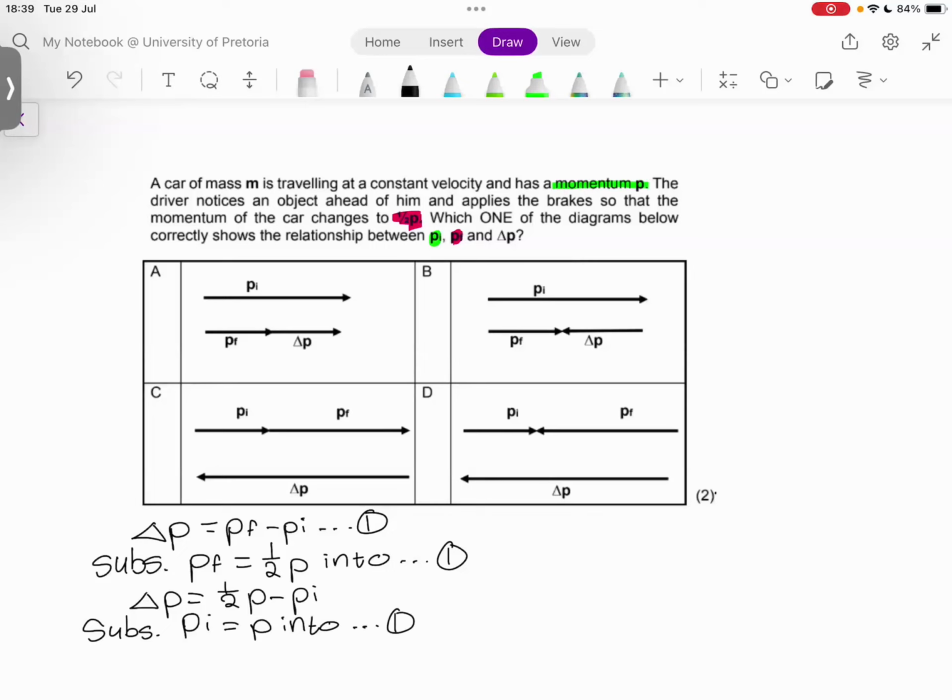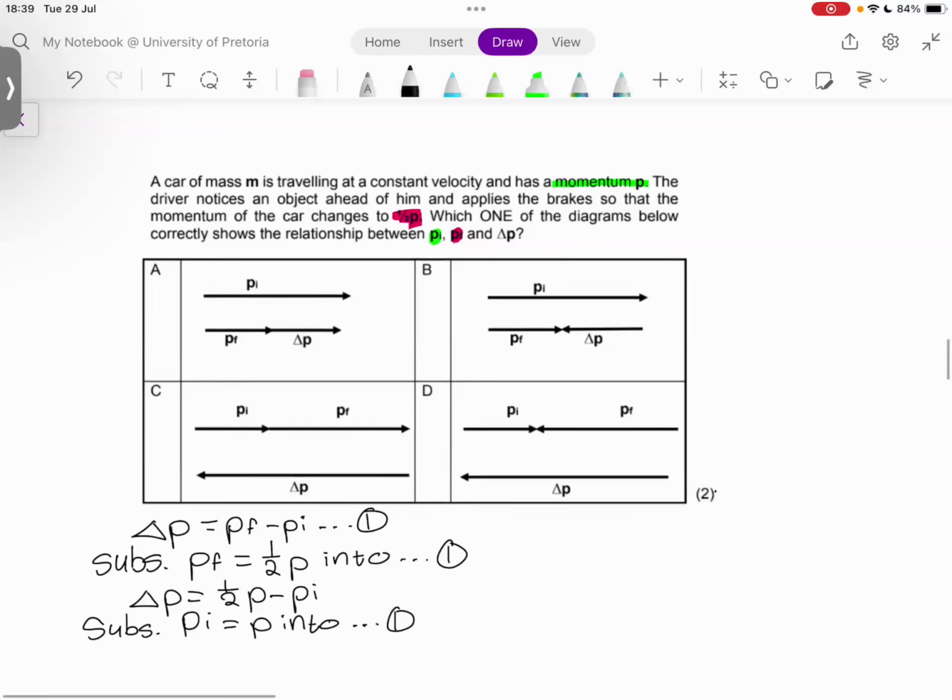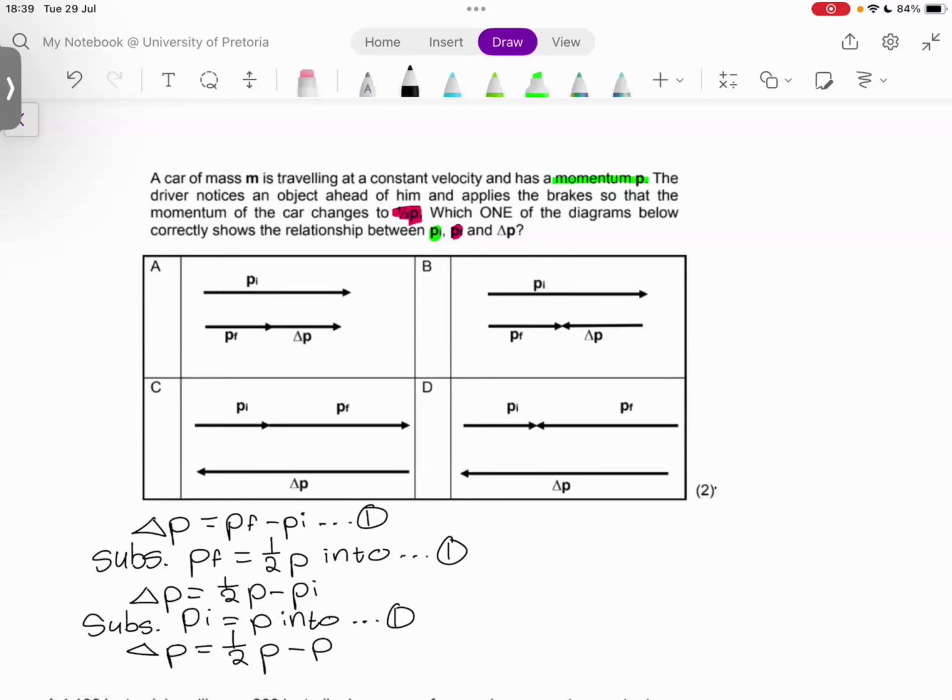By the way, I just want to save a bit of time by not writing down that whole sentence. This then gives us delta p is equal to half p minus p. So let's simplify what we have thus far. This is then going to give us minus a half p.